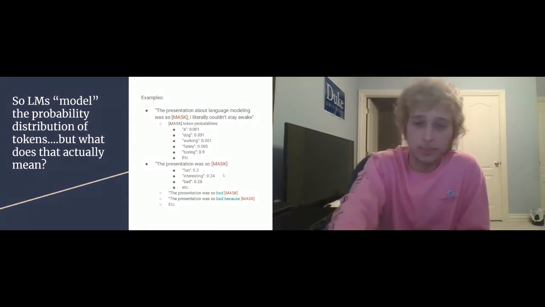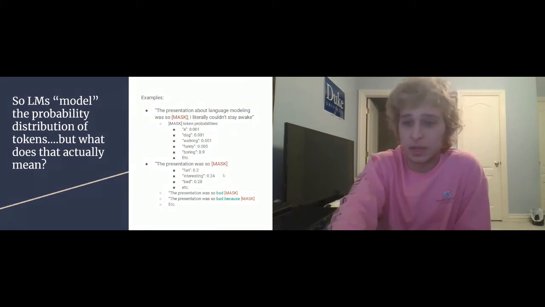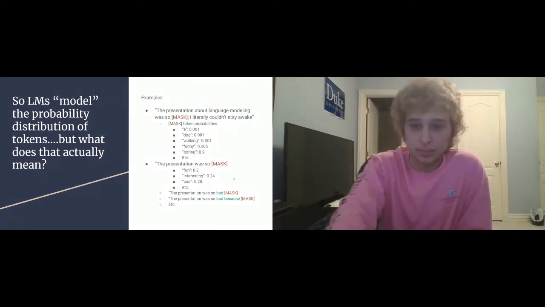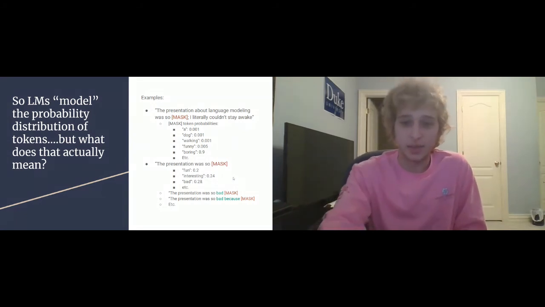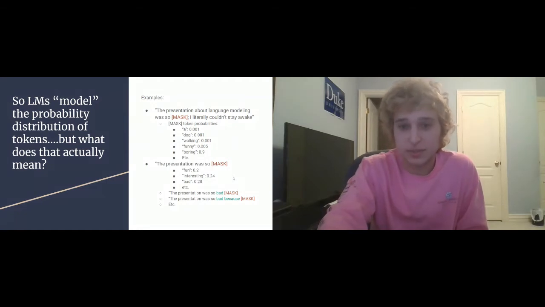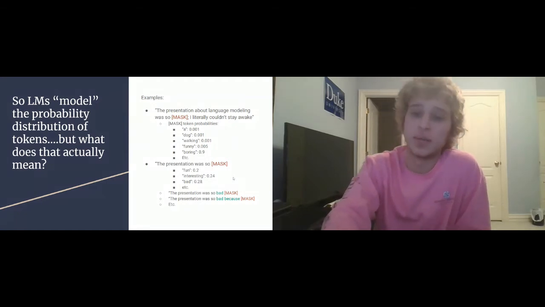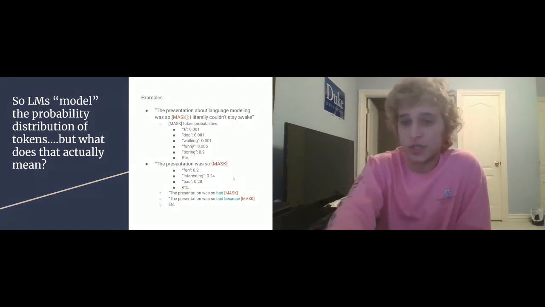So it might have an even split between tokens. Keep in mind this is a very simplified example. In reality, this is going to be a list of 50,000 tokens, so all of the probabilities will be much smaller.